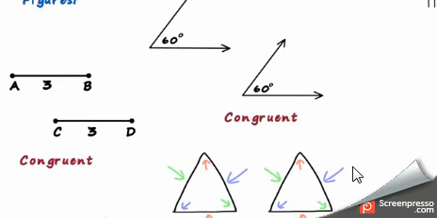The corresponding sides are equal in length. This green side equals the length of this side, and this side equals this side, and this side equals this side, and this angle equals this angle, and this angle equals this angle, and this angle equals this angle. If one of these conditions occurs, I can say these two triangles are congruent.